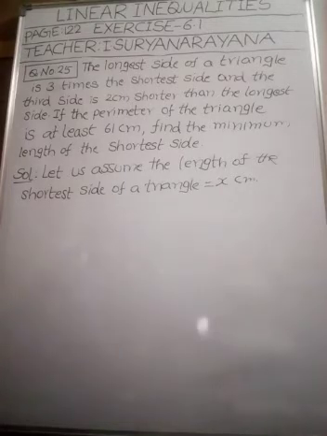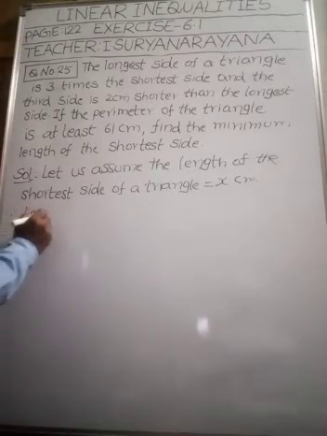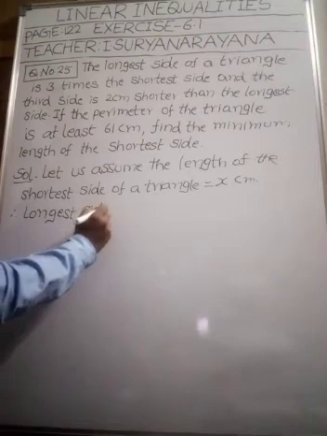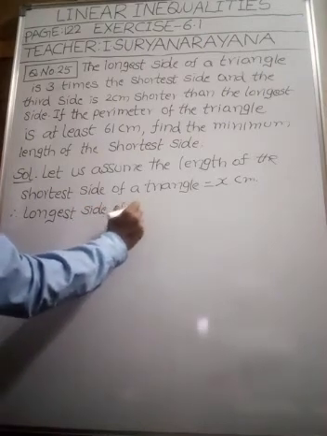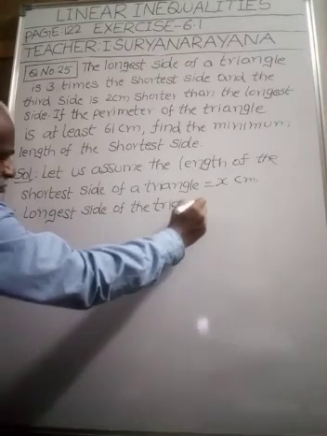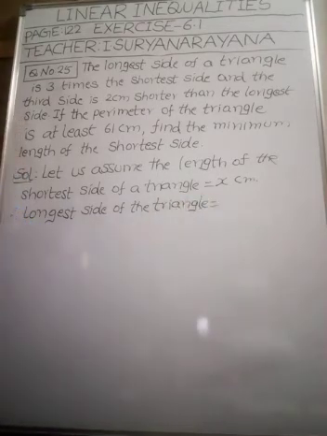Right. Therefore, longest side of the triangle is equal to what is given, 3 times the shortest side.